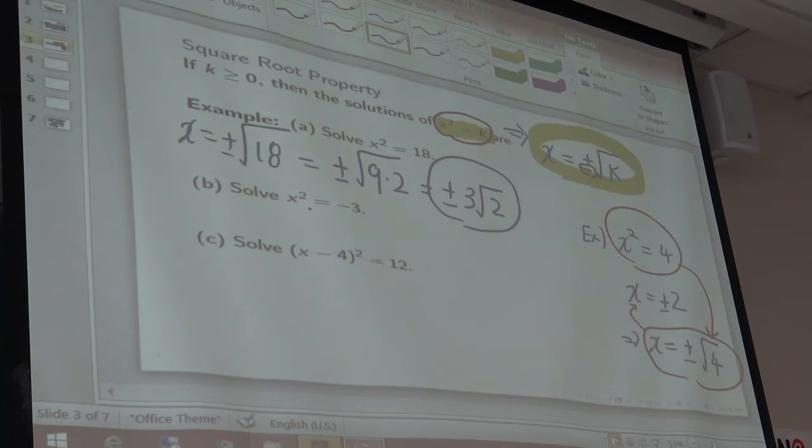Now for x squared is equal to negative 3, what is x? Can you use the previous square root property? x squared equals negative 3. So is that plus minus square root of negative 3?